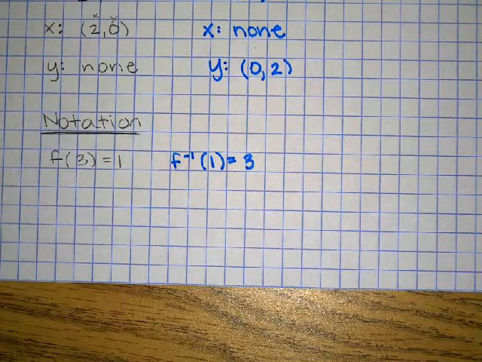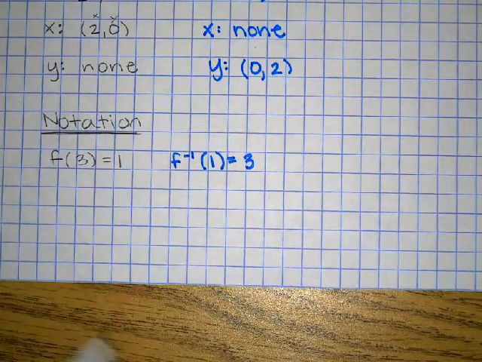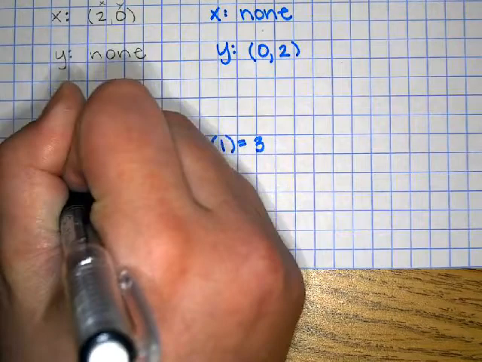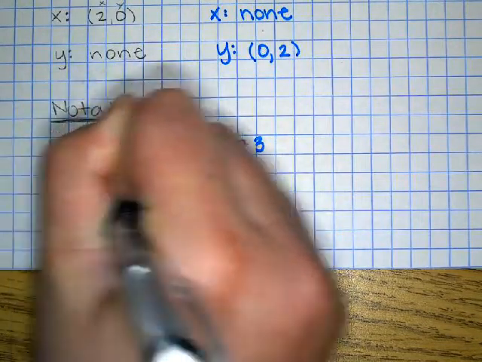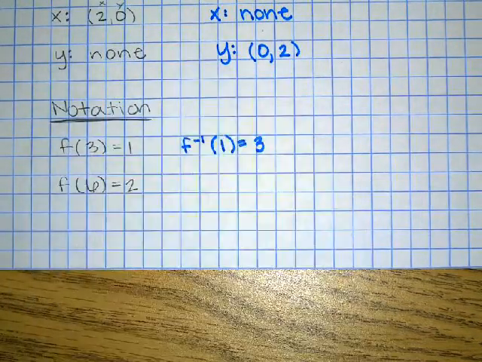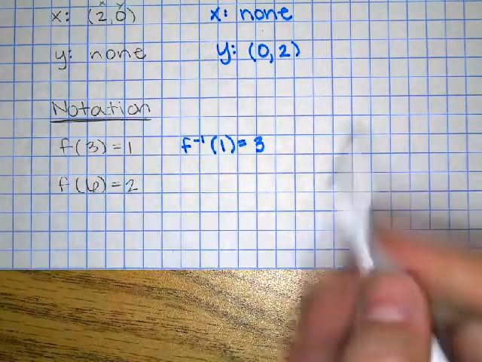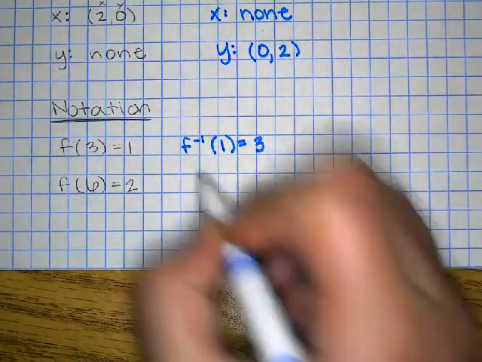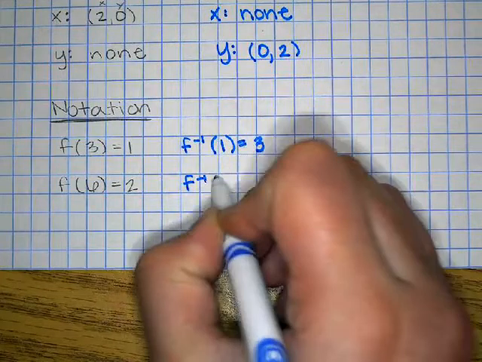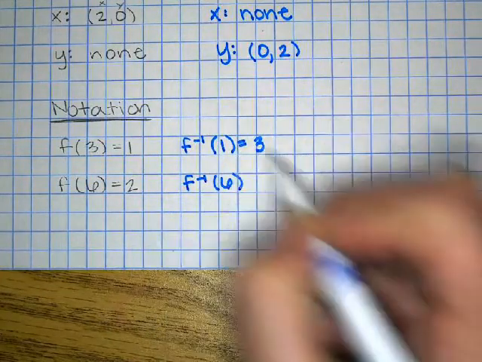Okay, so if I took my original function and I said f of 6 equals 2, then what could you tell me? F inverse of, not 6. F inverse of 2 equals 6, okay?